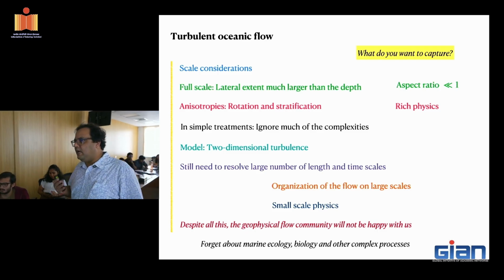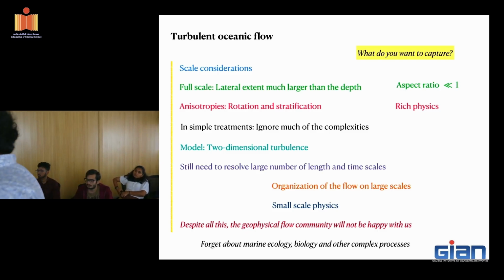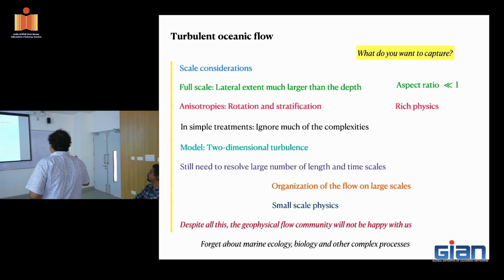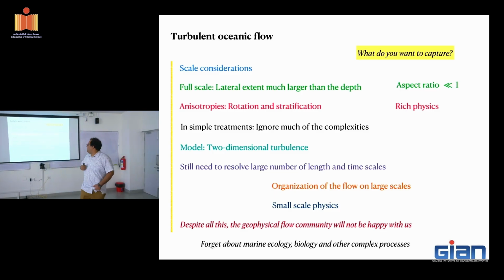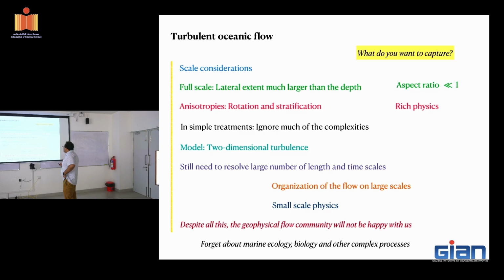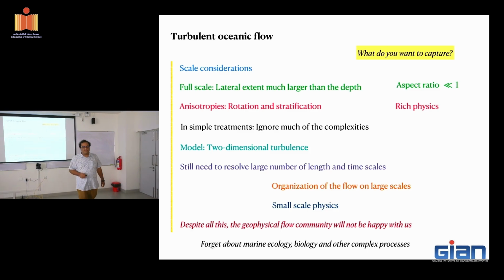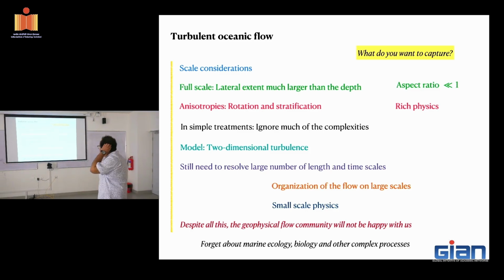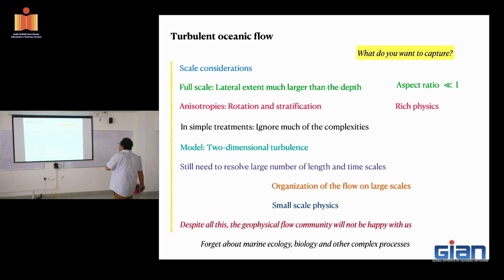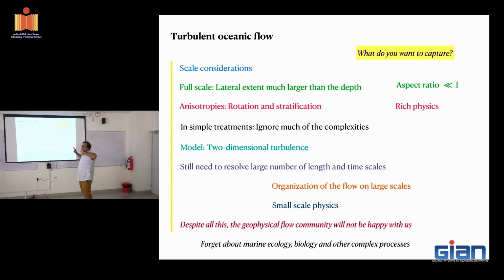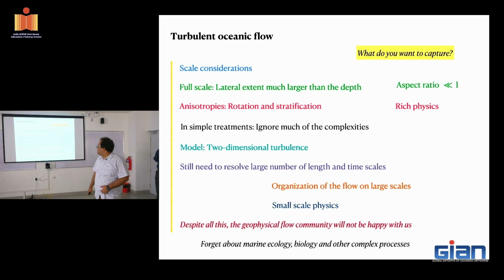So I will be discarding a lot of rich physics, but at the cost of focusing on my specific problem. So I'm going to ignore much of the complexities if I want to develop a simple treatment of the problem. So what I will do, I will take a two-dimensional turbulent flow for the model, and you will see that I will not even keep this promise for the purpose of this talk. But still, when you are considering two-dimensional turbulence, you will have to resolve a large number of length and time scales.